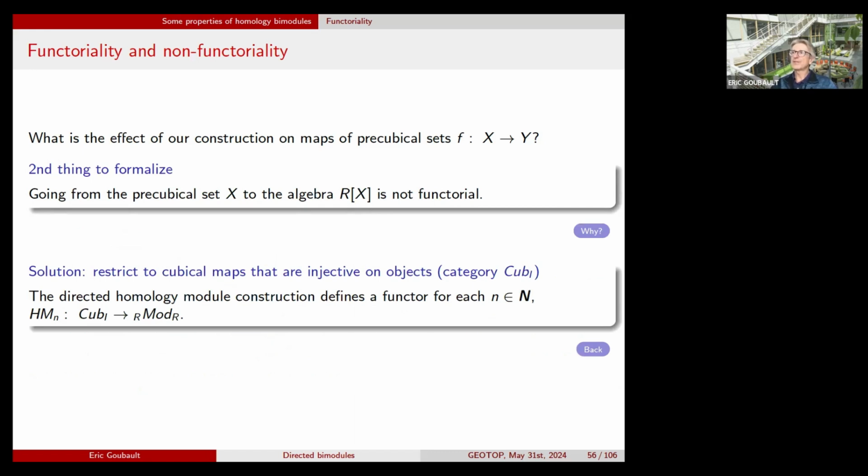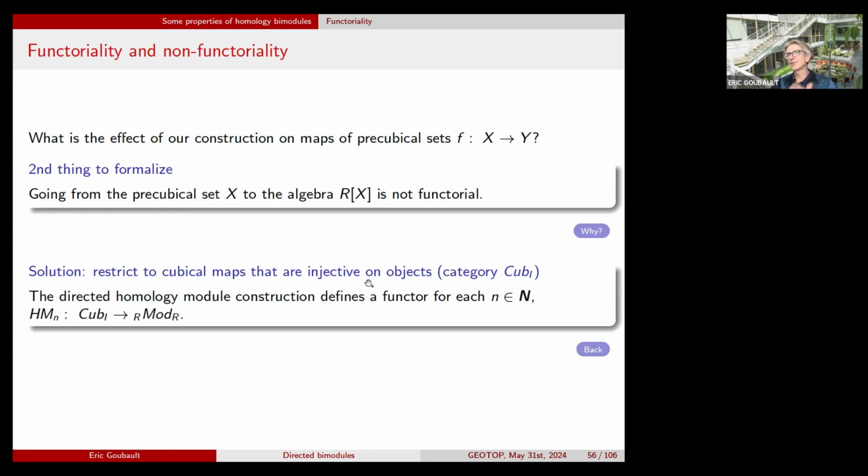I won't have time to show it to you, but it's also known that this is not a functorial construction. For any graph or precubical set, the path algebra is not functorial. But if you restrict to cubical maps that are injective on objects, then it's going to be functorial.